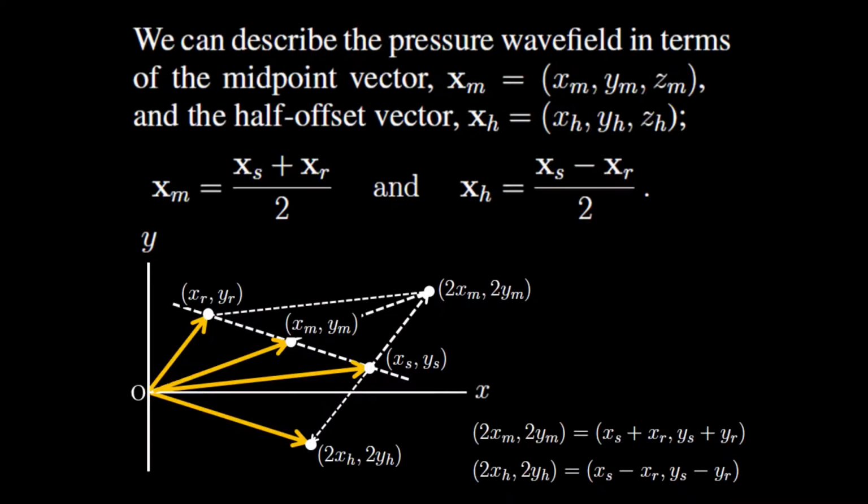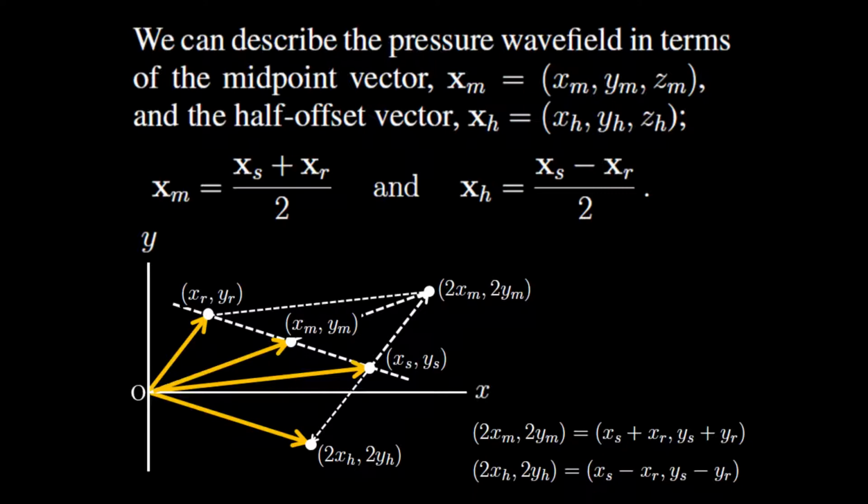We can also describe the pressure wave field in terms of the midpoint vector and the half offset vector. Here are the definitions of midpoint and half offset vectors. Note that these are linear coordinate transformations of source position and receiver position vectors.